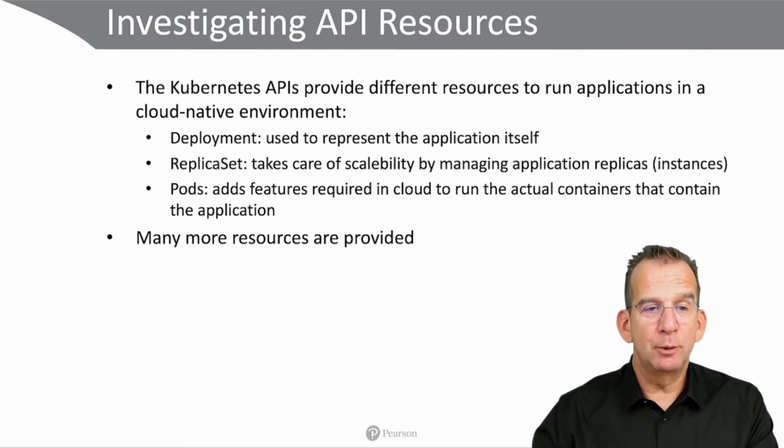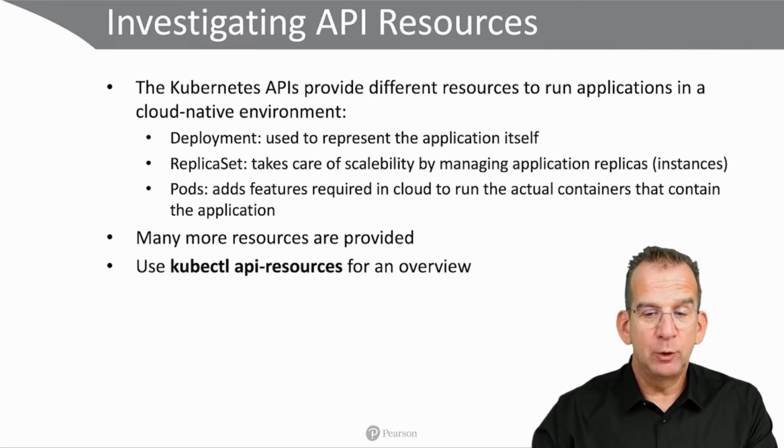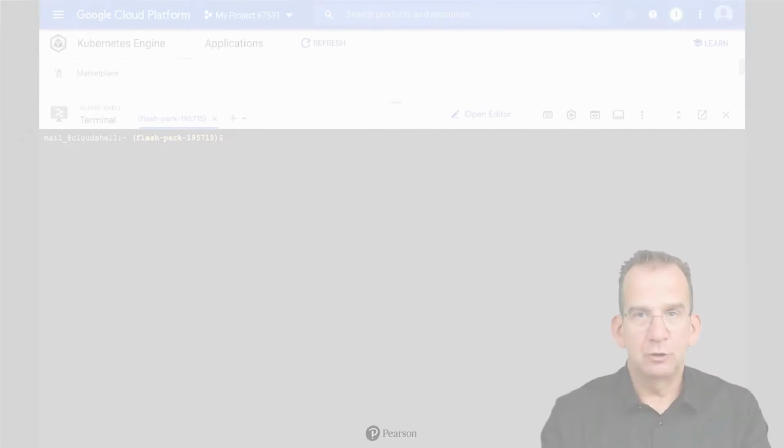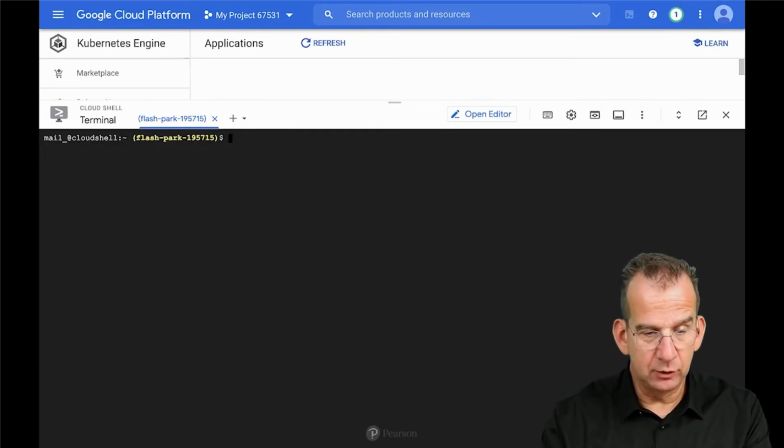But apart from deployment, replica set and pods, many more resources are provided. And you can use kubectl api-resources for an overview. Now, before I make a nice drawing to visualize the most essential resources for you, let me just show you kubectl api-resources for a first impression. So here I am back on the Google Cloud.